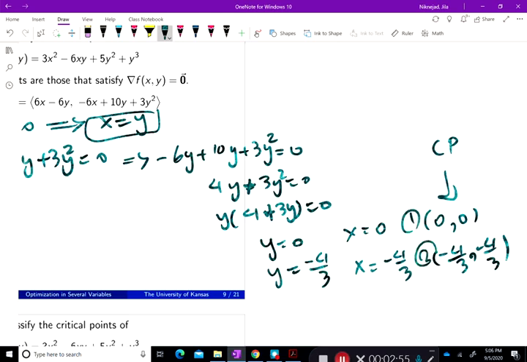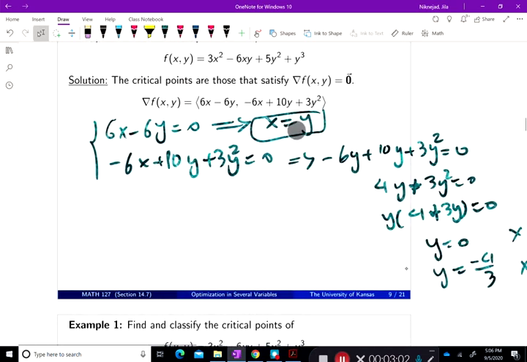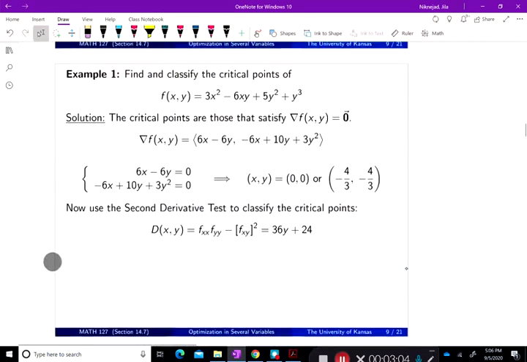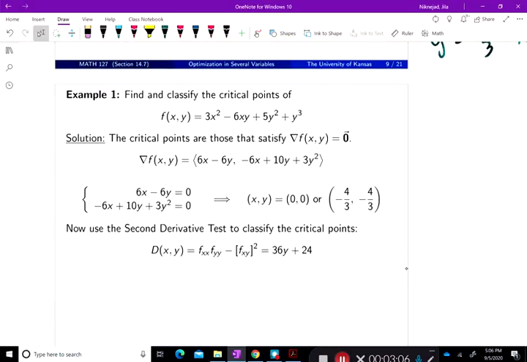What you need to do next is to classify each of them. To classify each of them, you have to use the second derivative test. So let's find the second derivatives, the discriminant. This was f sub x and this was f sub y.